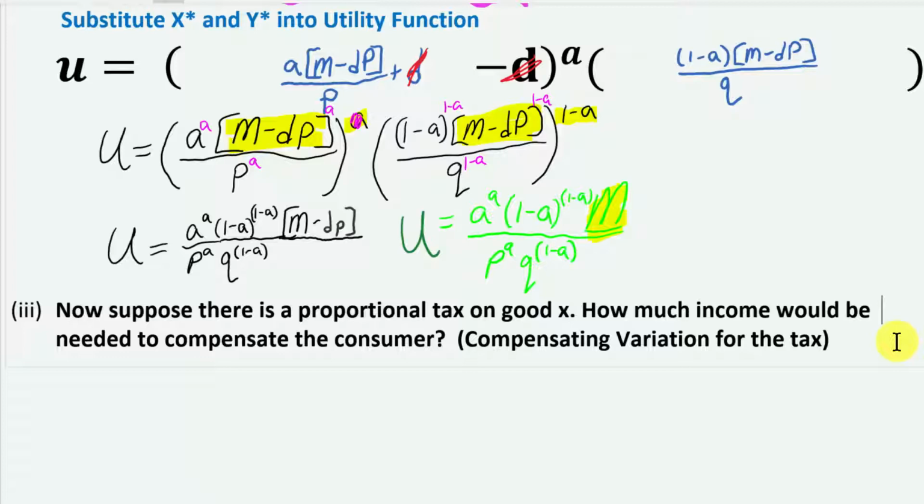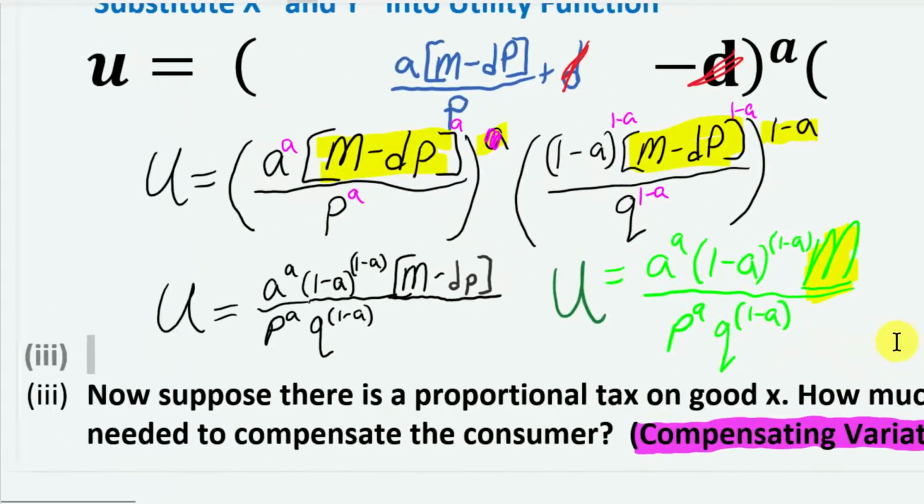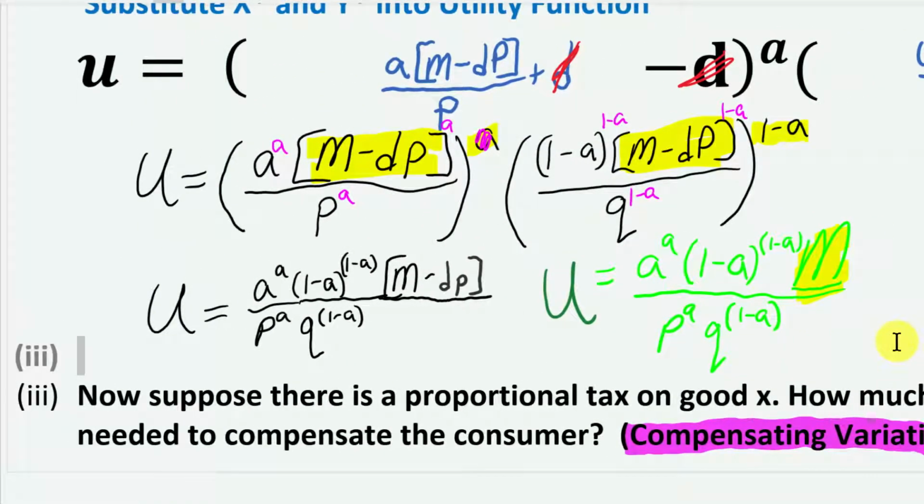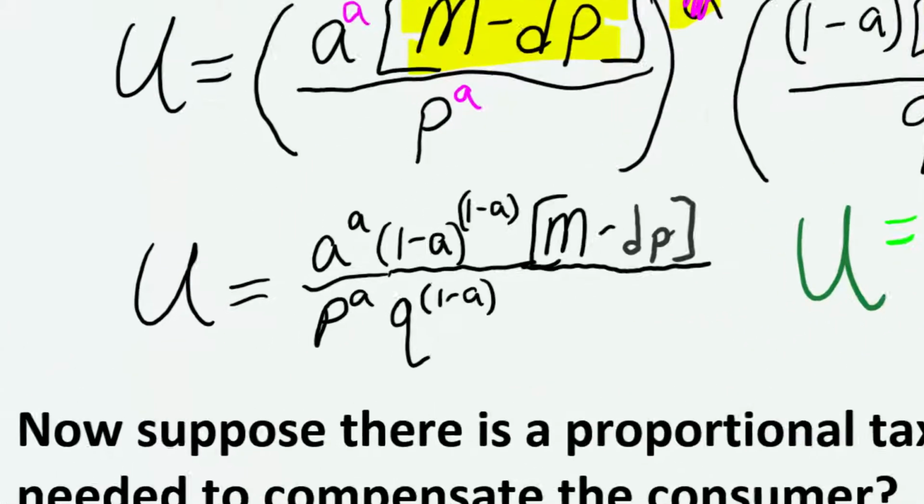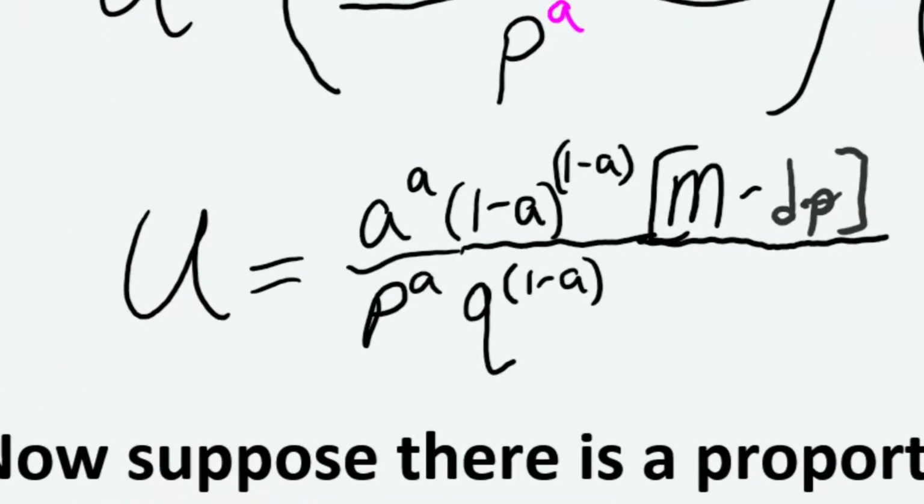At the end of the last video, I suggested that there are going to be two different parts that we need to think about when it comes to this compensating variation. Let's zoom in here on this indirect utility function. If we see where our utility comes from, the first part that's going to be affected is when the price of good X goes up.